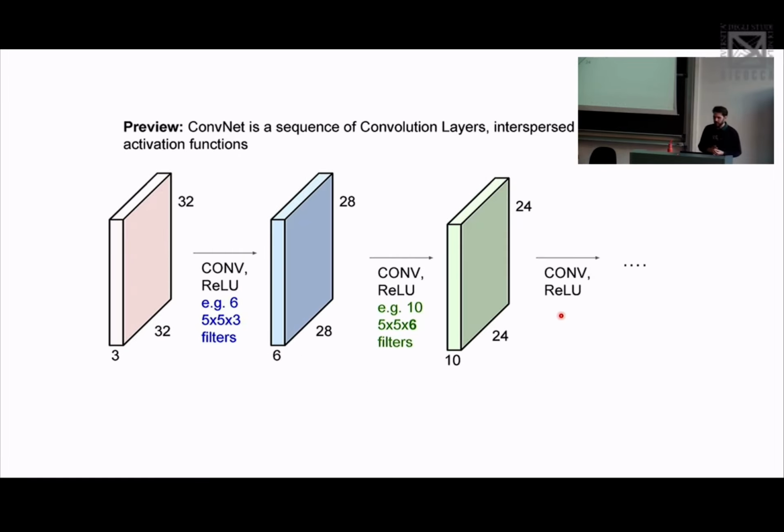In the middle of that, in general, you put activation functions. You've probably seen that you can change the parameters and add a padding of zeros on the outside to keep the same size if you need that.